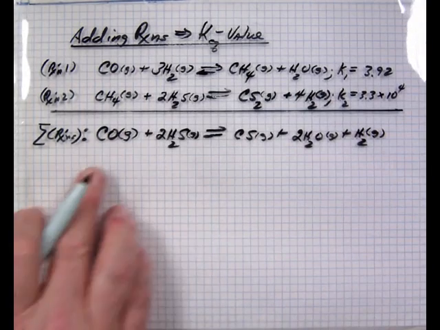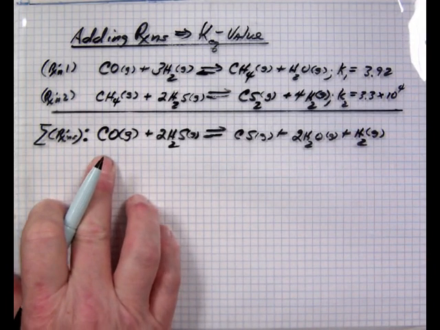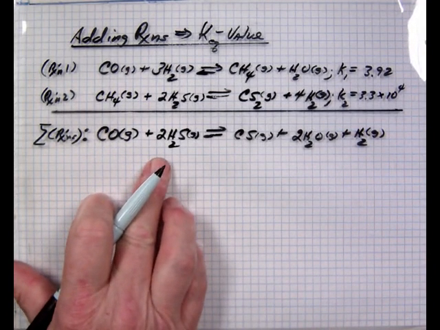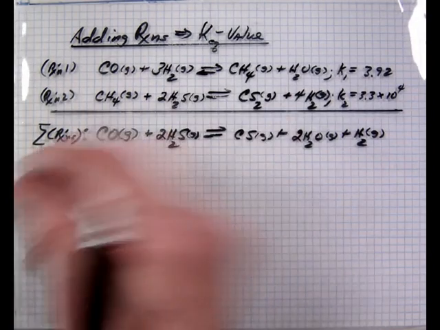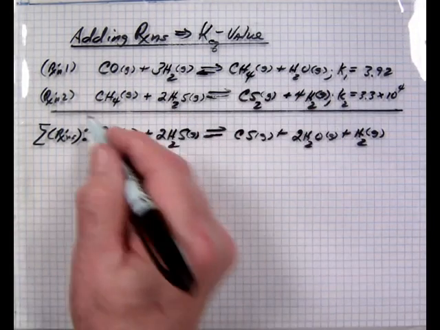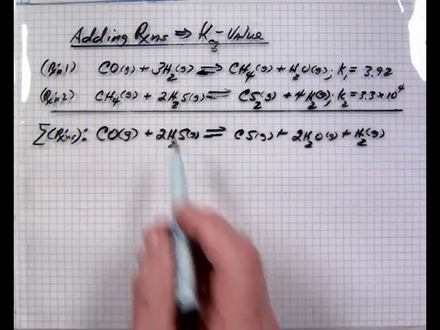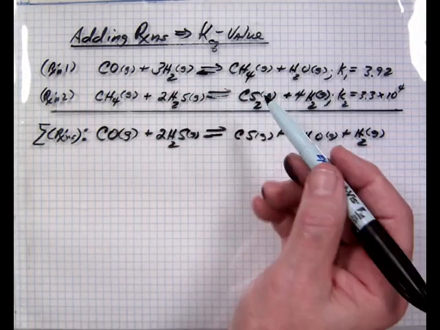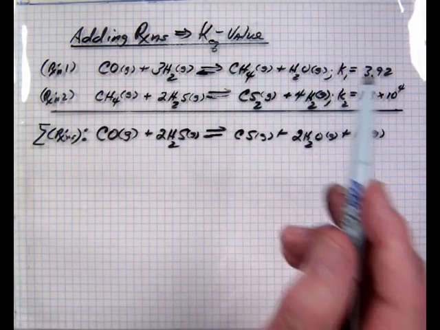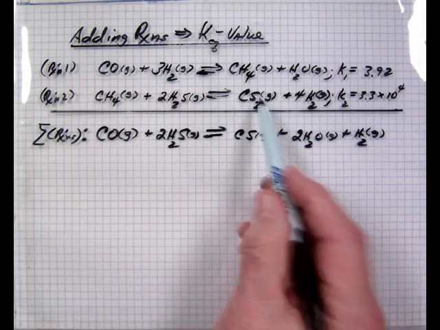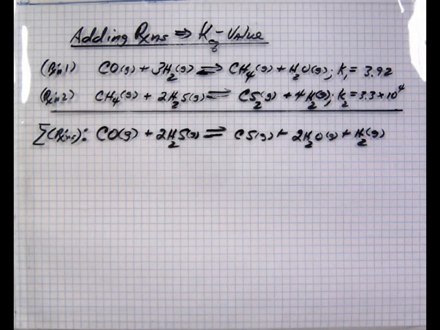Okay, so this scrubs not only the carbon monoxide, which is also hazardous, but it scrubs the hydrogen sulfide gas. And you can add these. See, this will cancel, that'll cancel. The 3 cancels against the 4, and you still have this and the hydrogen sulfide, carbon disulfide, water, water and hydrogen.